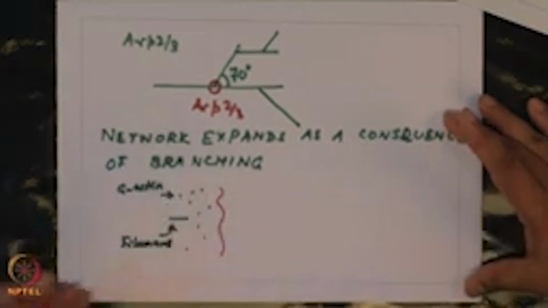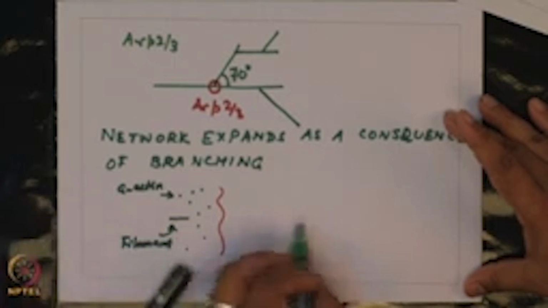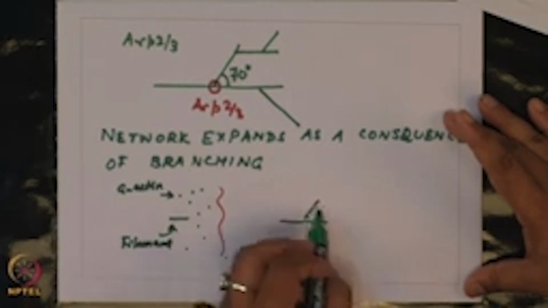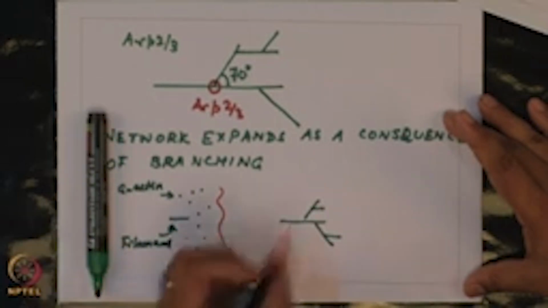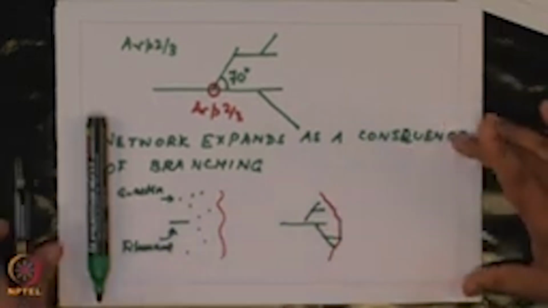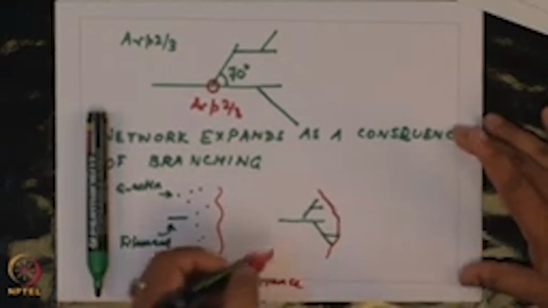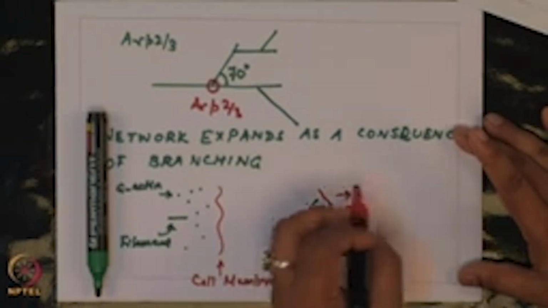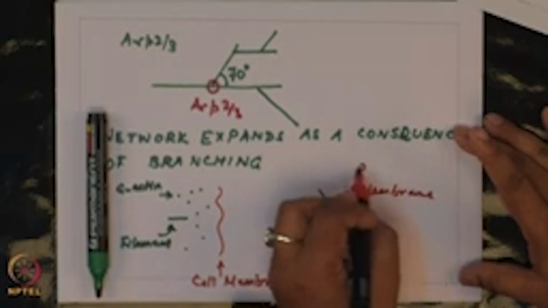So, if you have ARP2/3, what you will see is after some time these filaments will begin to form, and they will start exerting force on this membrane. So, this can be my cell membrane and this growth of this filament network will lead to membrane deformation, or rather it will push the membrane.